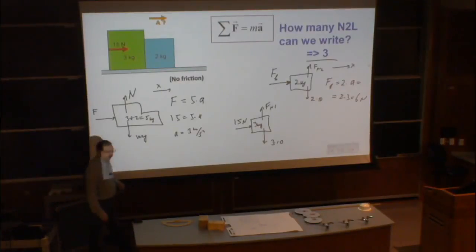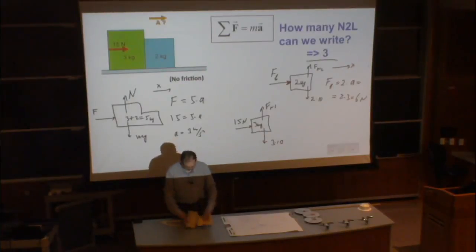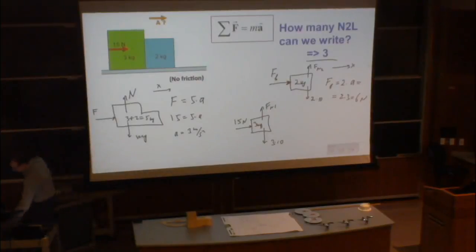Now, do I have any more forces acting on the green box? In physics, touching means interacting. This box touches this box, touches this box. That's it. So there is a force acting from the blue box on the green box.